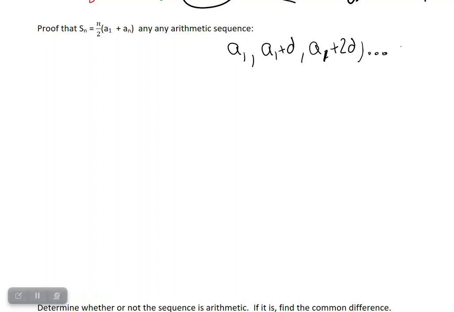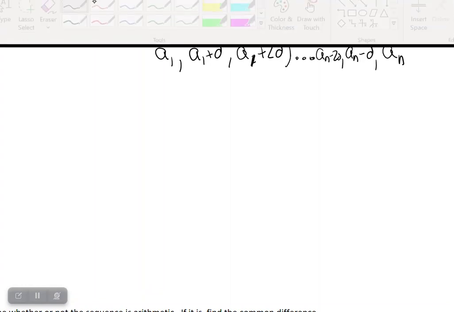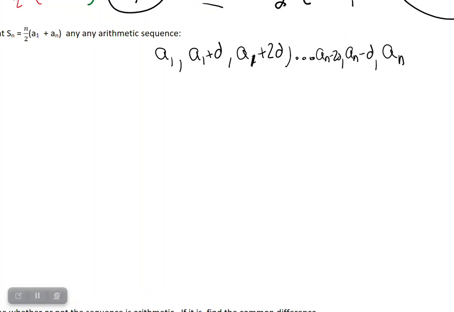We continue that pattern, and then eventually we'll get to a sub n, but before that would be a sub n minus d, so one step backwards, and then a sub n minus 2d, so minus the common difference once, minus the common difference twice. And if I want the summation of this, of course what we're going to do is add this.